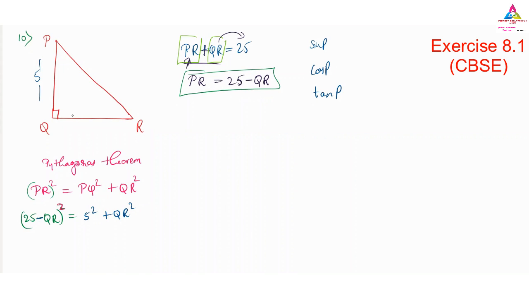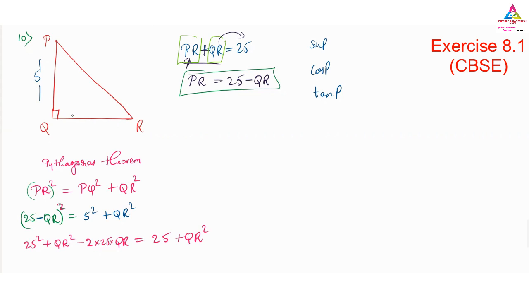It is in terms of the A minus B the whole square formula. So it is nothing but 25 square plus QR square minus 2 into 25 into QR. That is equal to 5 square, which is 25, and QR square is QR square.